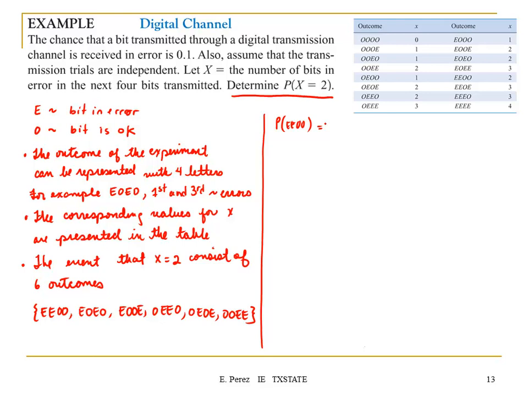There are four trials, one after the other. Each one of them is independent. This outcome specifically is 2 E's and 2 O's, which is 2 bits as errors and 2 bits as no errors. They're okay. So if you have independent events, how do you find the probability of 2 events happening that are independent?